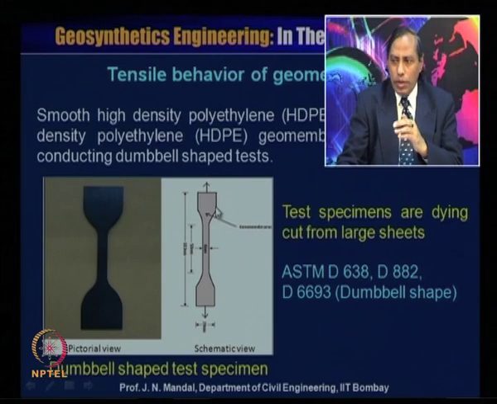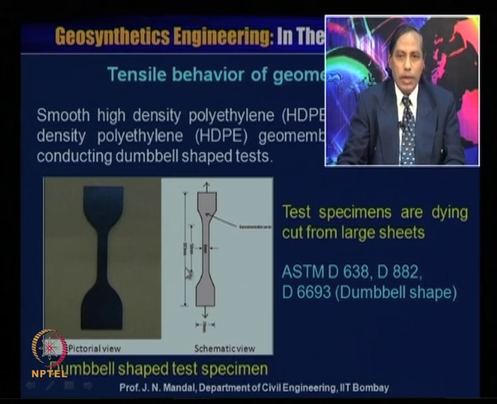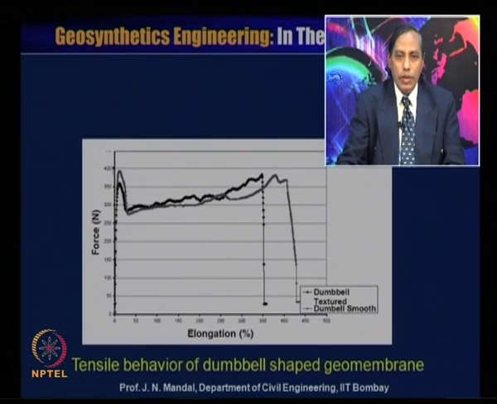So you can see that this is 350. All the dimensions are given here as per ASTM D638, and then you can conduct this test in a universal testing machine, and you can calculate the tensile strength of the geomembrane. Look at this picture.